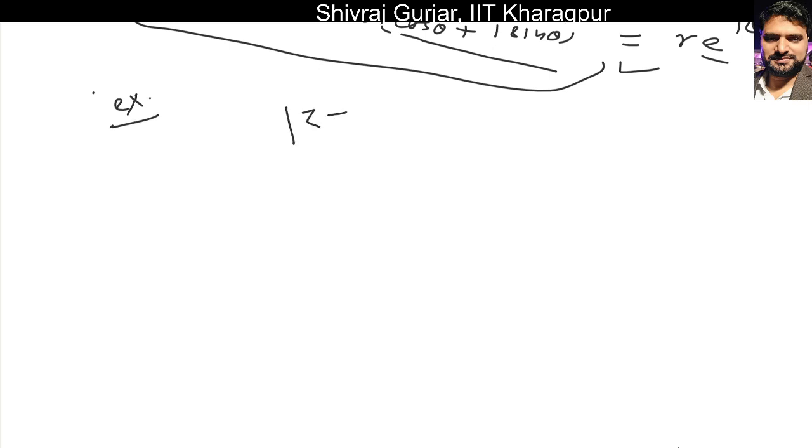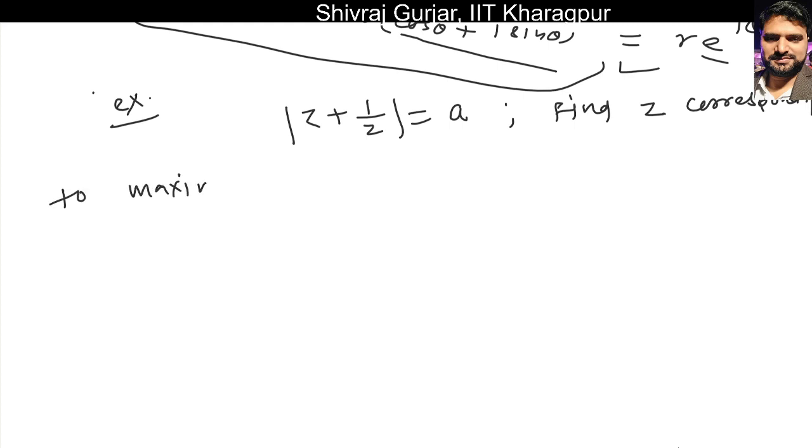If modulus of z plus 1 by z is given as some a, then find z corresponding to the maximum or minimum value of modulus z.